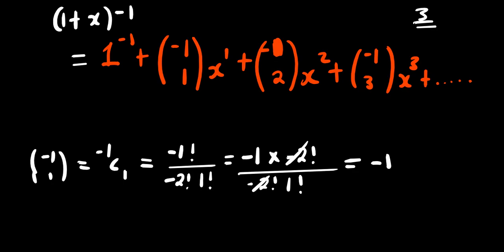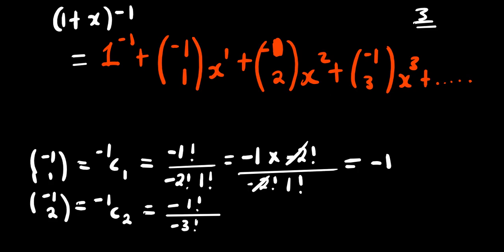Then we come to the second one, negative 1 choose 2. How are we going to solve this one? Negative 1 choose 2 equals negative 1 factorial over negative 1 minus 2, which gives us negative 3 factorial, then you have a 2 factorial.